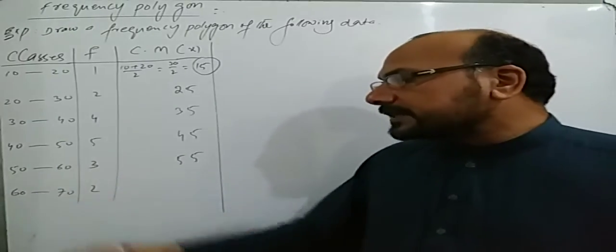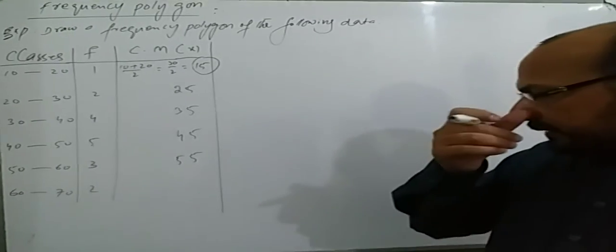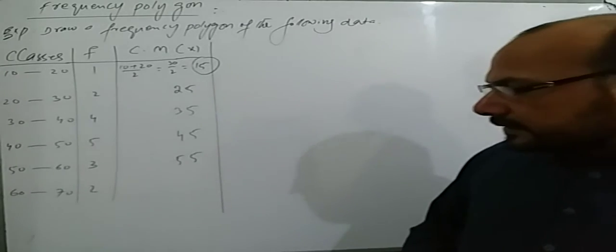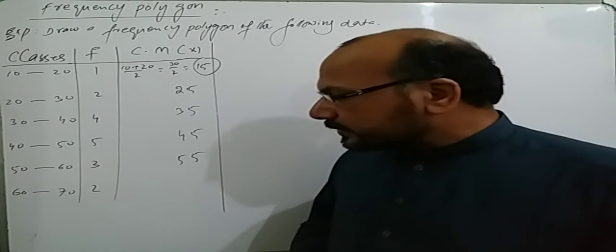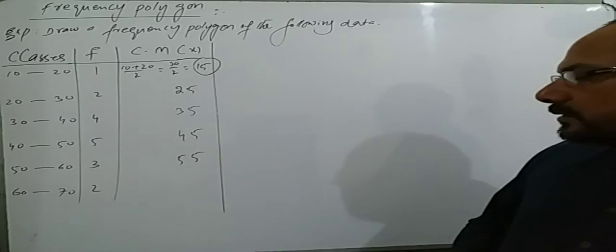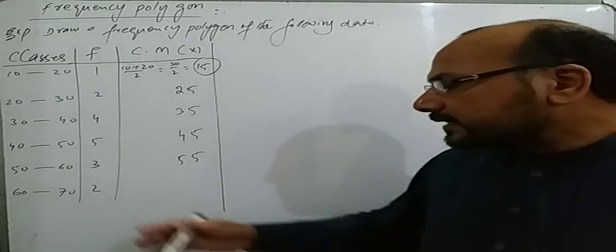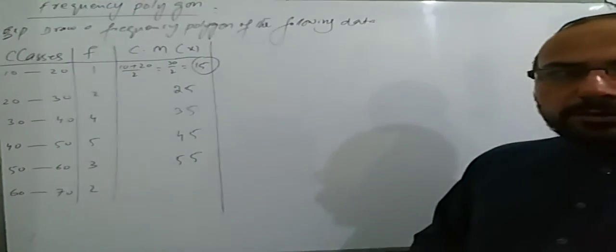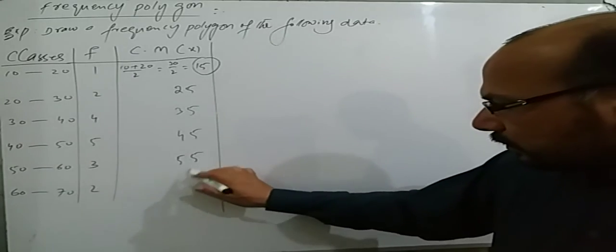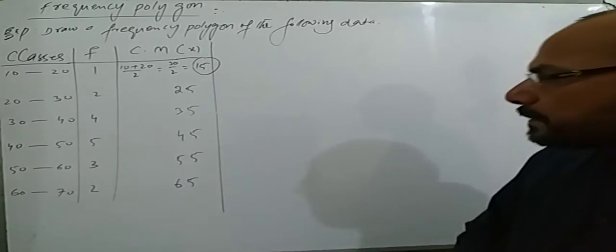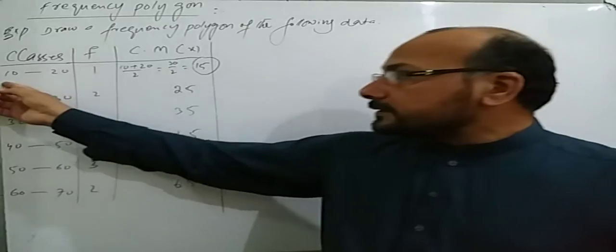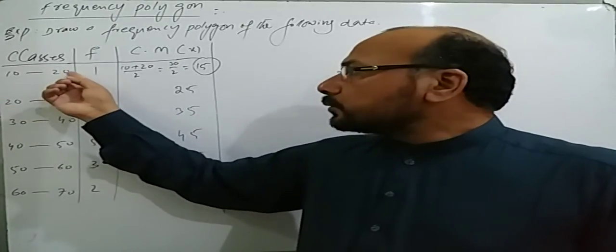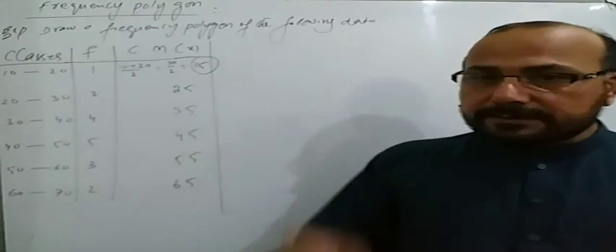And then 60 plus 70 is 130, and 130 divided by 2 is 65.